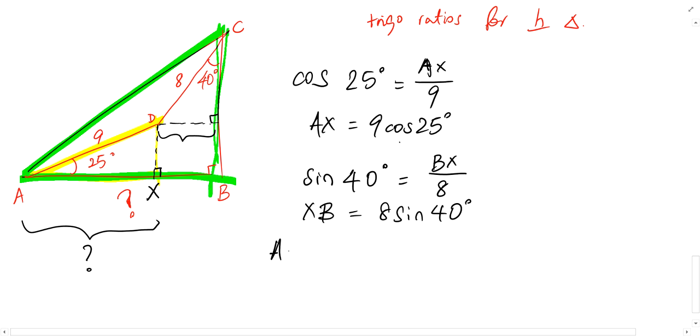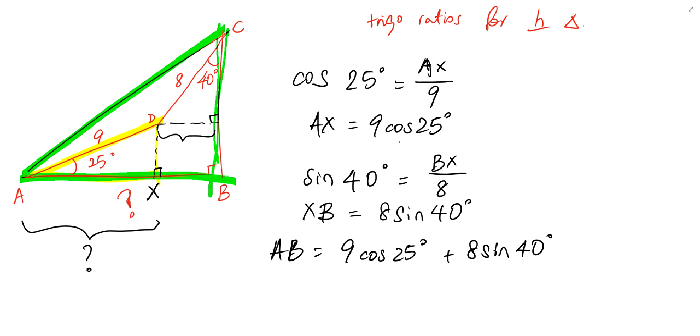So therefore, AB must be equals to AX plus XB. So 9 cosine 25 degrees plus 8 sine 40 degrees. Only at this step, then I will use my calculator. But you must key in properly. Wherever brackets are needed, you put them in. Okay? So you will not lose your accuracy.